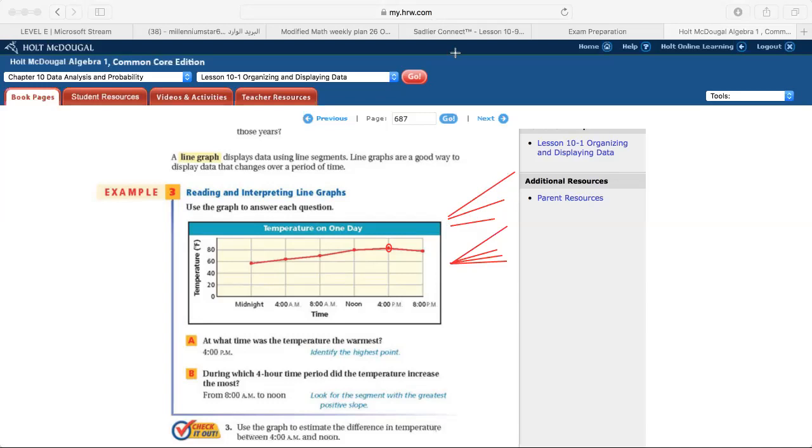So, can you tell me, what is the greatest slope here? From 8 a.m. to noon. It is written here in the book, girls, but I want you to use your mind to understand.